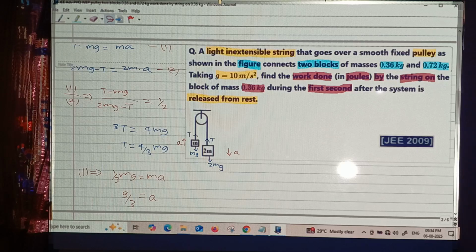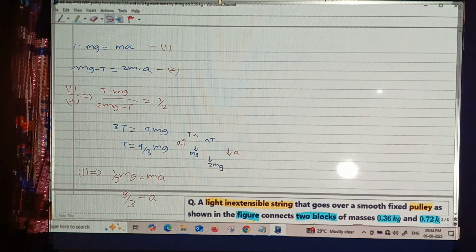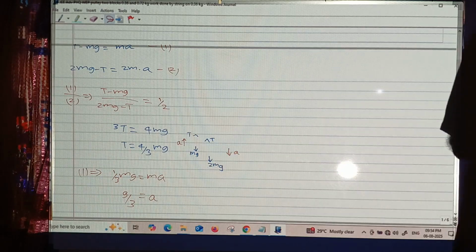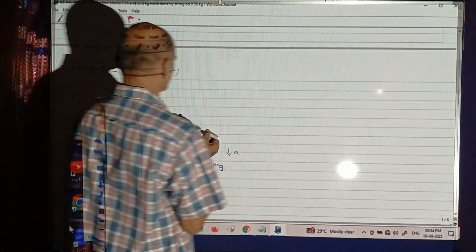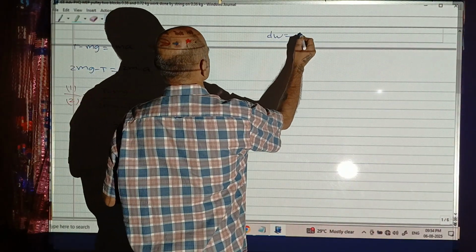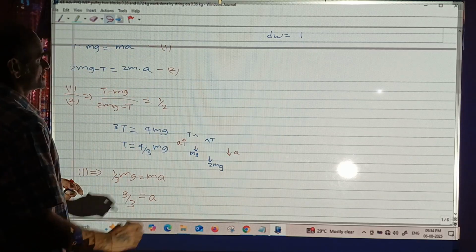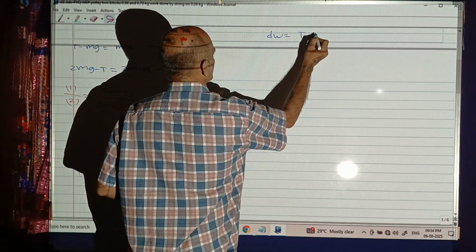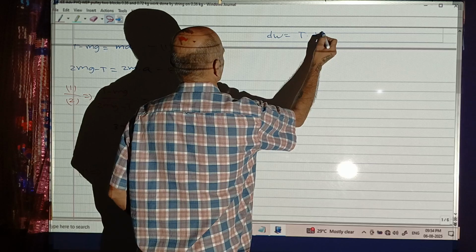So to find the work done in the first second, the work done for a short interval of time, dW, is F acting on this mass m, which is the tension, dot its displacement.